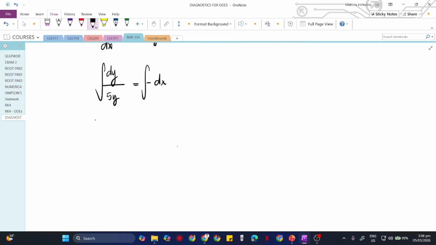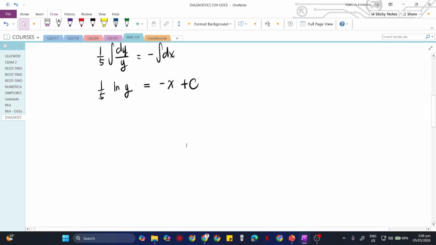The 1 over 5 we can factor out because it is a constant, and we take the integral of dy over y, equal to negative of dx. The integral of dy over y is ln of y, equal to negative x plus the constant of integration.